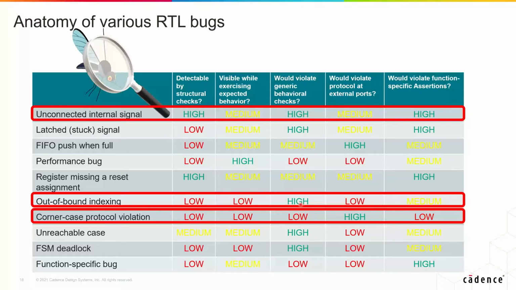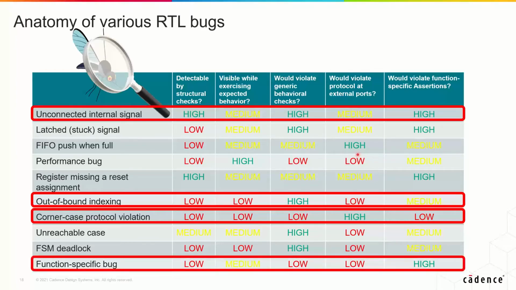Corner case protocol violations usually require a product like the ABVIPs, where a full protocol is implemented, and you can then find those violations with the properties on the external ports of your protocol. And you can also find bugs by looking at specific assertions.